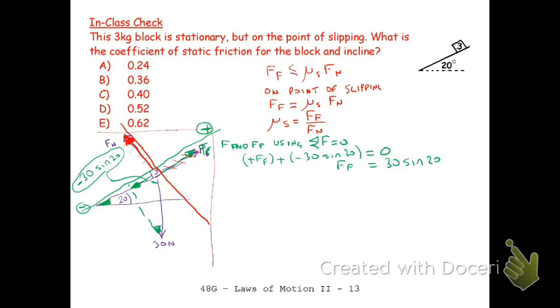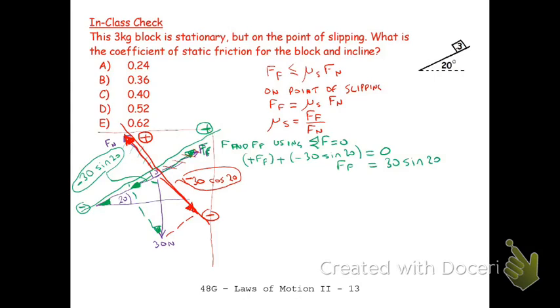It's in the line. This guy gives me a component there. I know that this is going to be 30 cosine 20. I'm going to make that the positive end, so this is going to be negative 30 cosine 20.